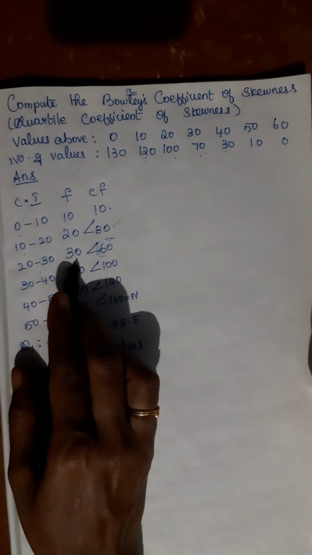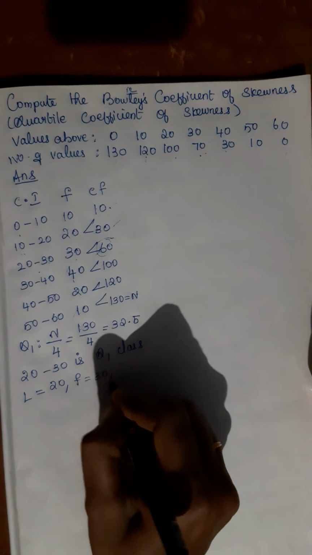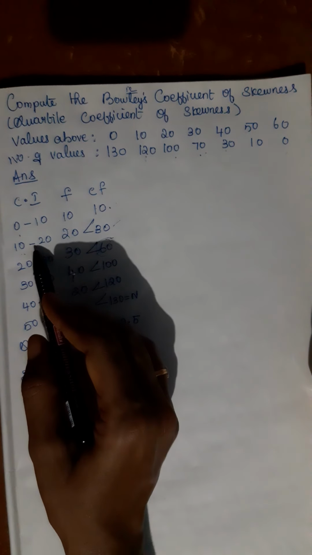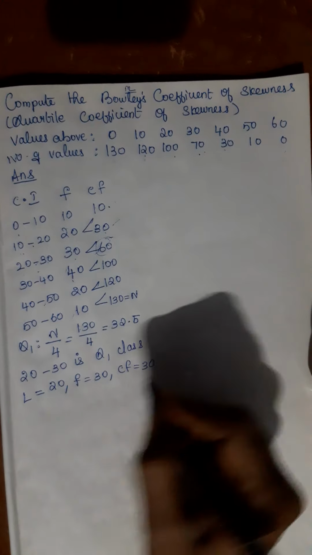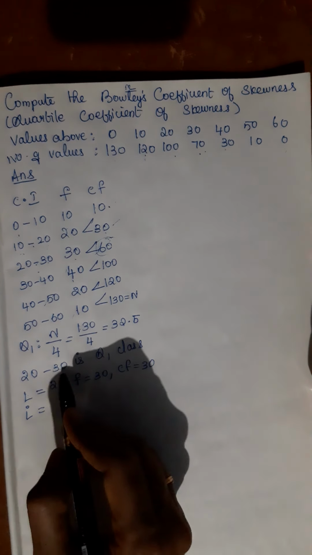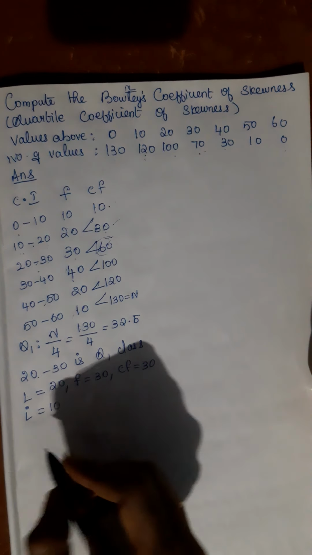The frequency of this class is 30. The cumulative frequency of the pre-quartile class, that is the CF value of the class previous to the quartile class, is 30. And i is the magnitude of the class interval, the difference between upper limit and lower limit, which is 10.